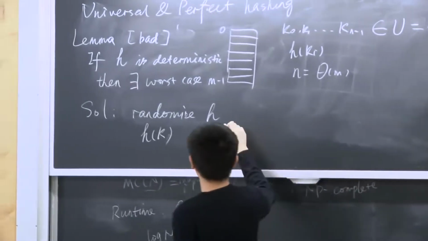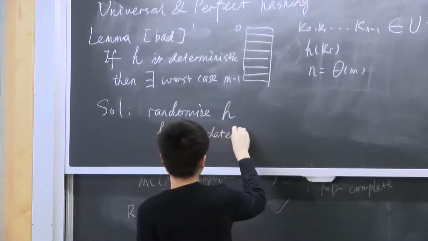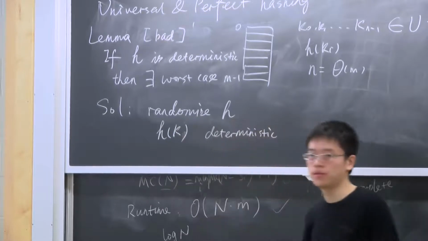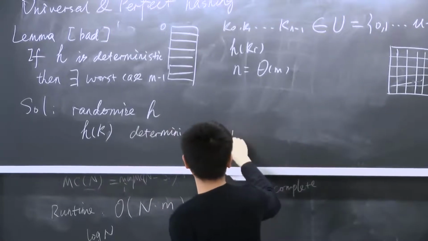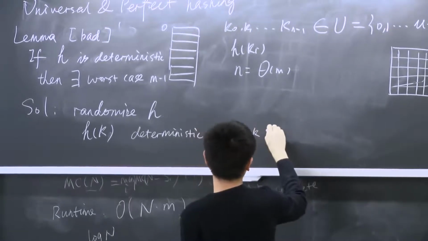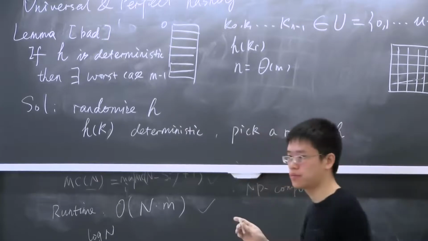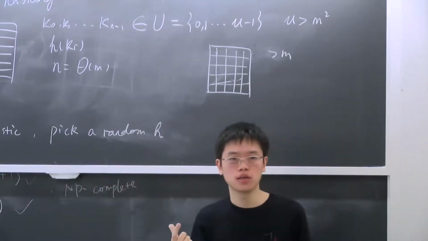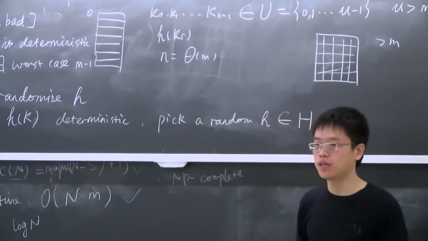So h needs to be deterministic. So now our only choice is to pick a random h. Make sense? Every hash function is deterministic, but we will pick a random one from a family of hash functions.